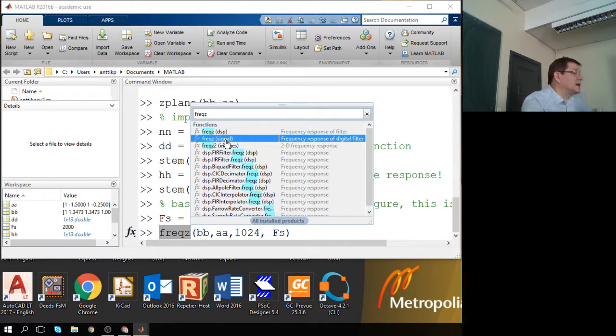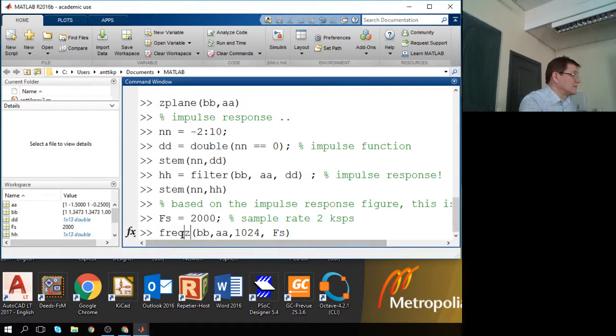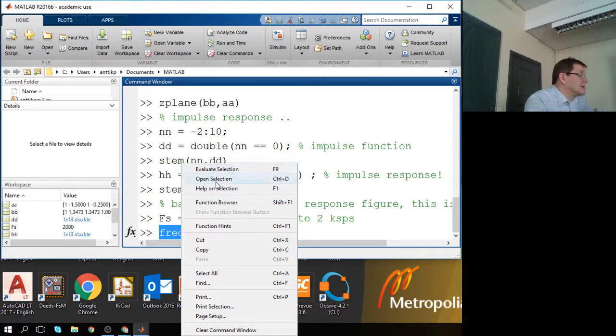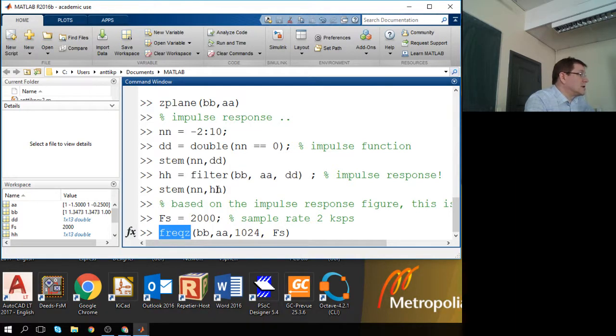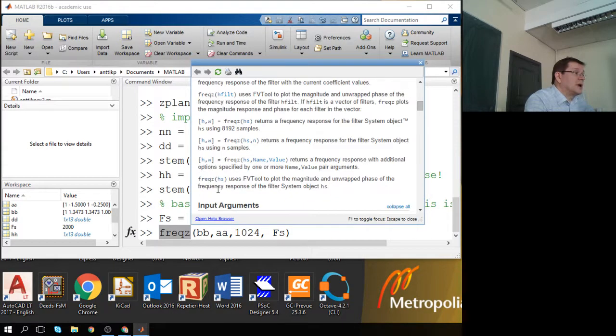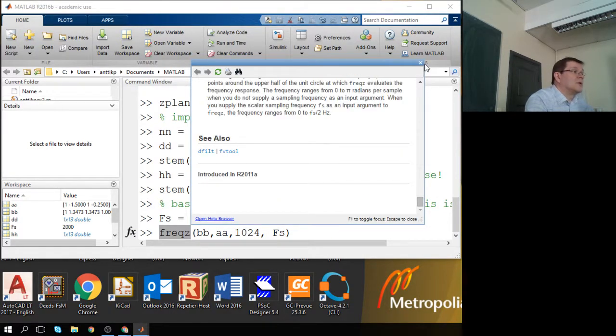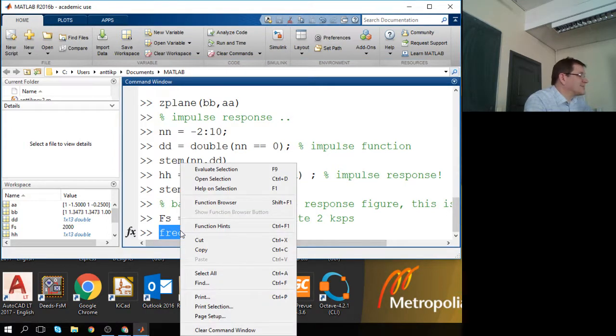Signal display. Okay, there. Yeah, that's the old-fashioned kind of thing. So double-clicking and help on selection. No. Okay. See also. No. What did I actually click?